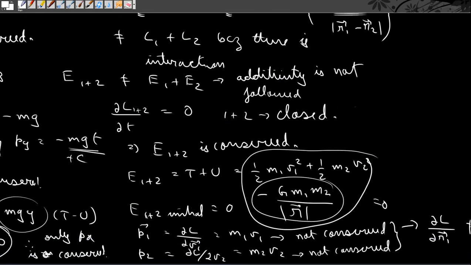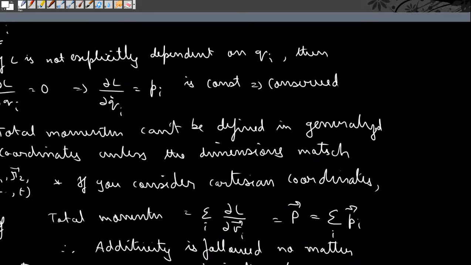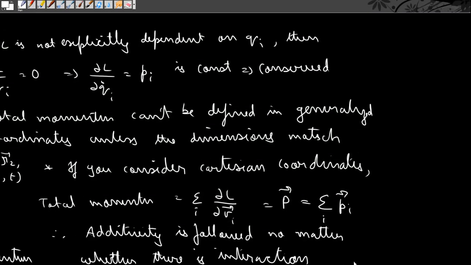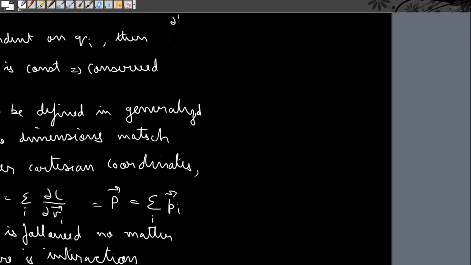So dou L by dou R1 is nothing but minus dou U by dou R1, which is G M1 M2 by mod R1 minus R2.